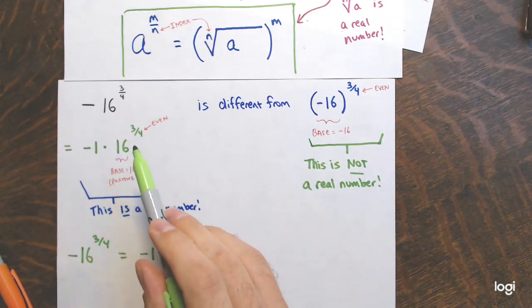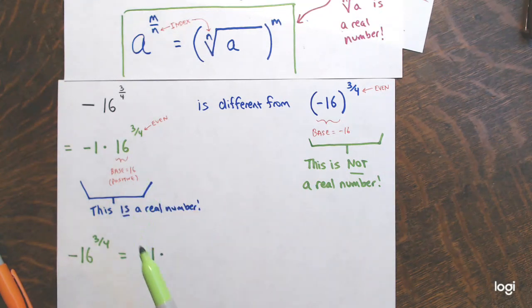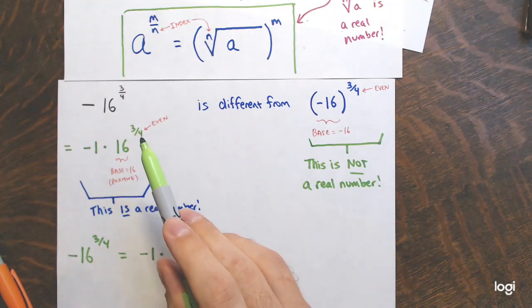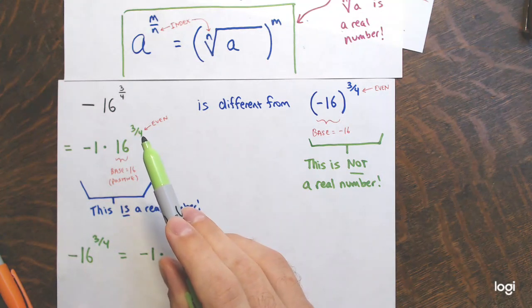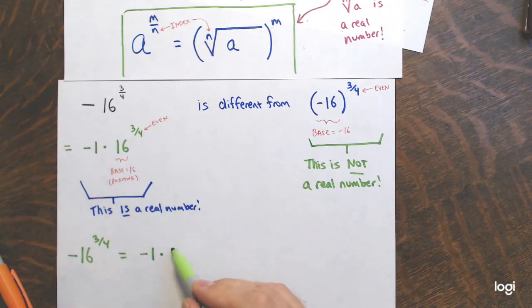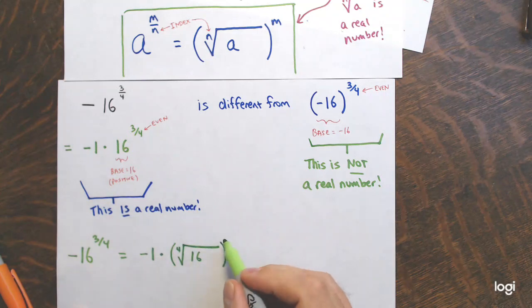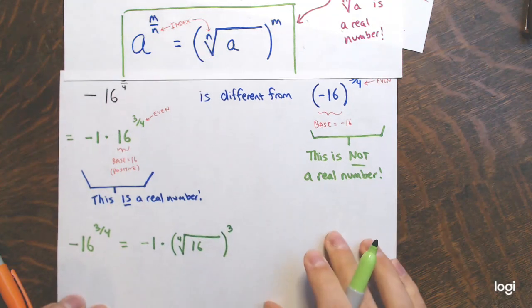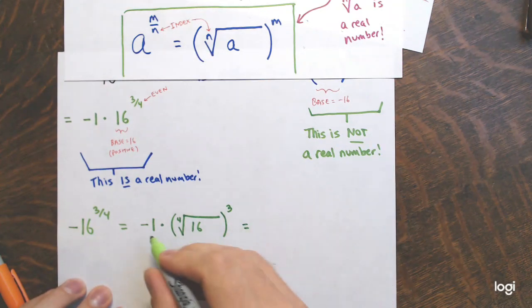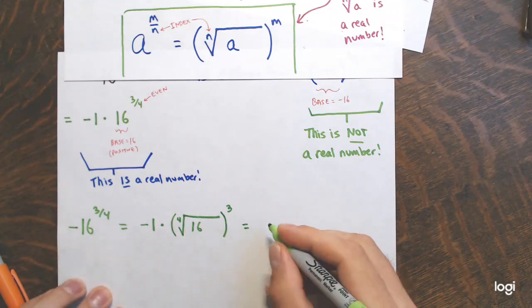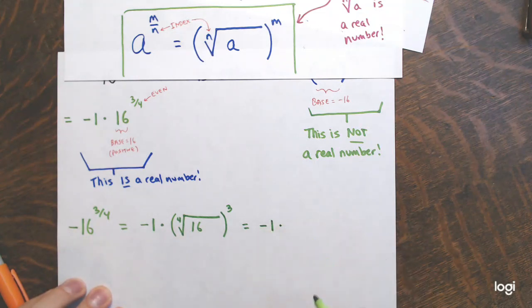And then the 16 to the 3/4 I'm going to rewrite as a radical. Denominator is 4, so I'll be taking the 4th root of 16, and then raising that 4th root of 16 to the 3rd power, put 3 outside.